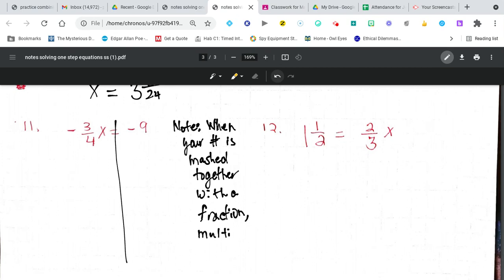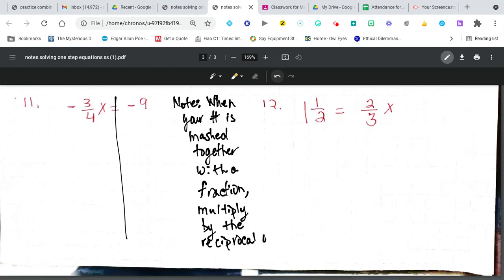Multiply by what we call the reciprocal, which means you flip it, of the number with the variable.